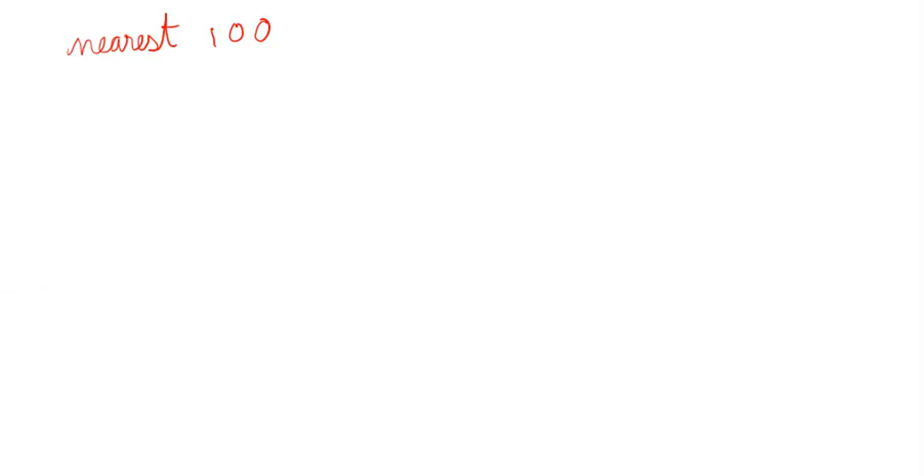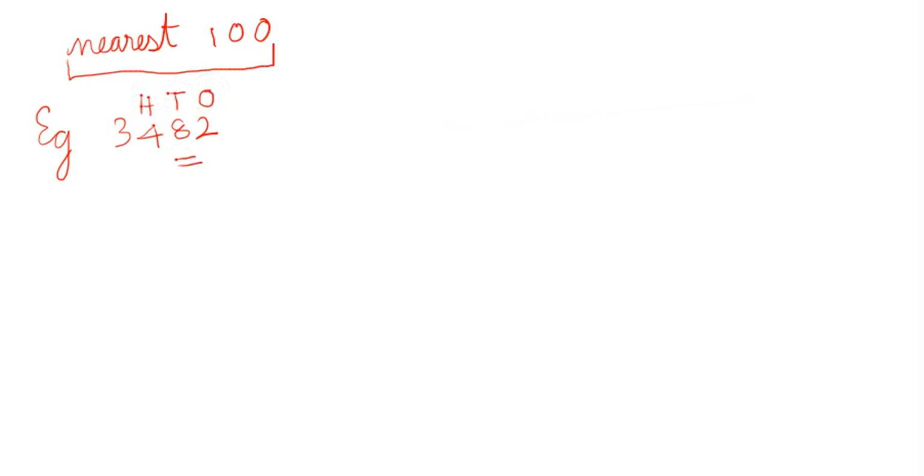Now we will see how to round off a given number to the nearest 100. For this I'm going to take an example of 3482. Since we are supposed to round it off to the nearest 100, I will look at my tens place.